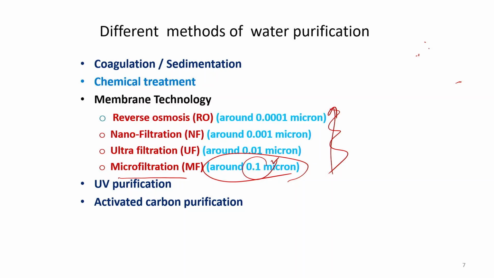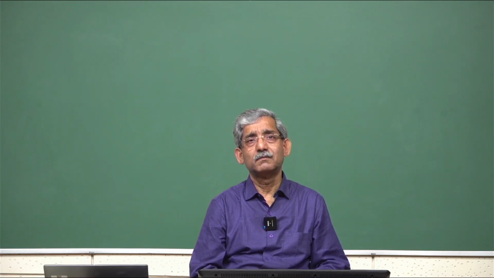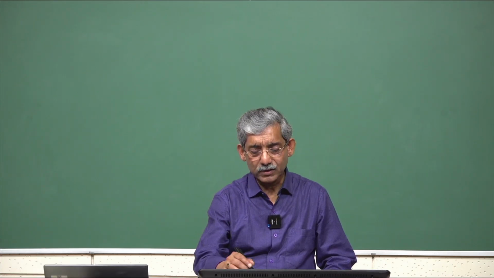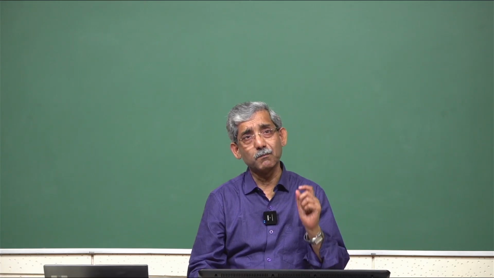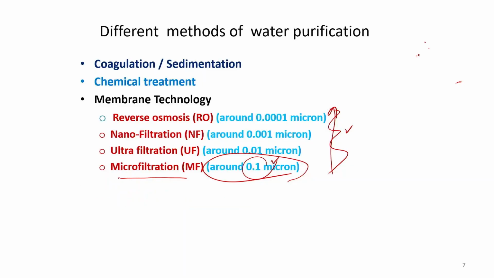In air filtration we have discussed the particles move at very high speed, sometimes there will be inertial impaction and all different processes, but in water filtration basically the membrane depends on the pore size, okay.